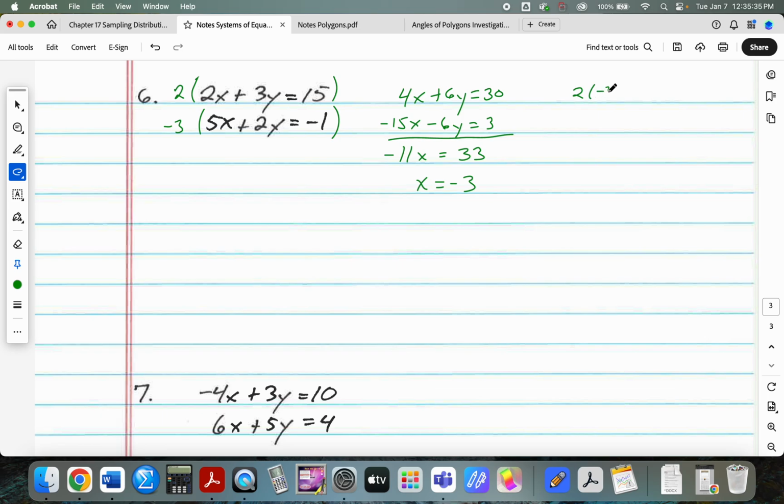So 2 times -3 plus 3y is 15. That's going to be a -6. I don't take the time to write the -6 plus 3y. I just go ahead and add 6 to both sides. So that'd be 3y is 21. So y is 7.